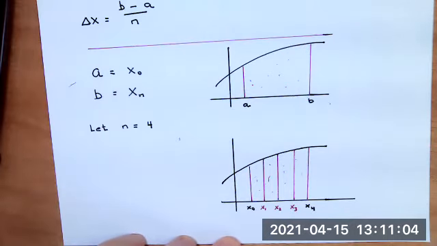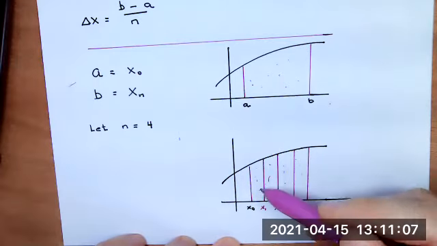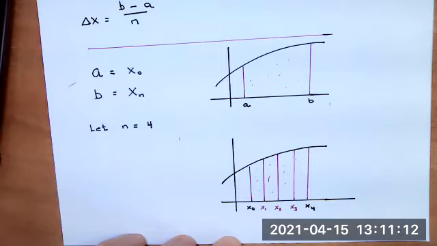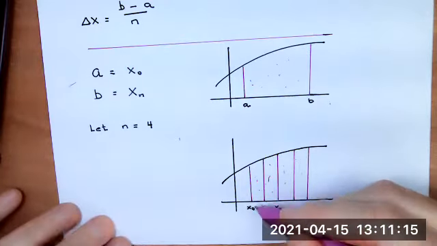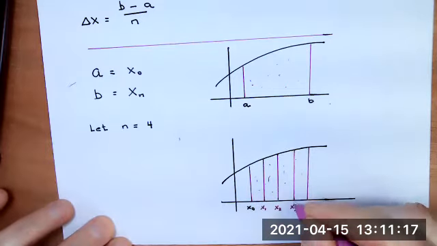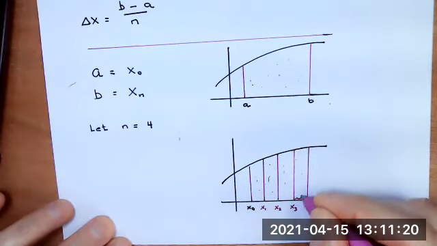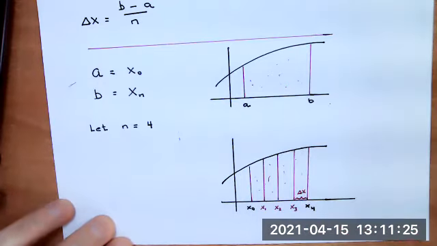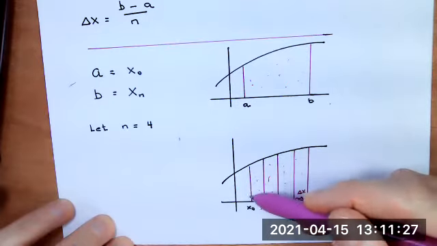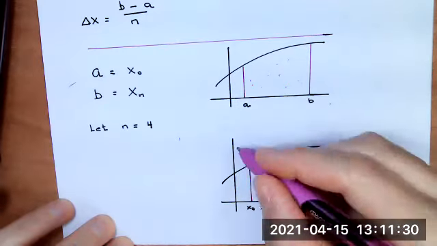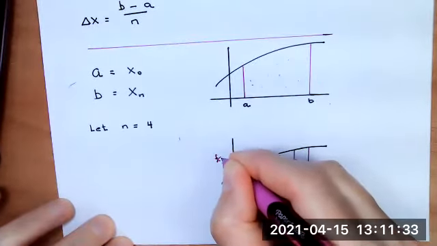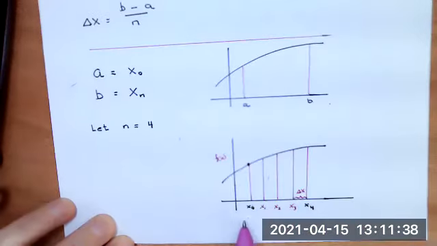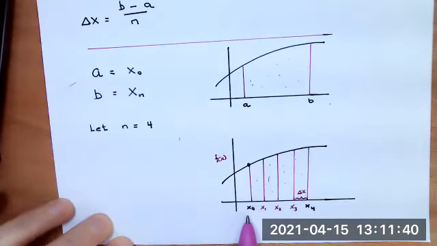Now, for the Riemann sum, we're going to find the area of these 4 rectangles. So in order to find the area, we're going to multiply the width, which is delta x. Remember, that's the size of each interval, times the height. So if our function is f of x, what's the height here? Well, you're just going to plug x0 into your function.